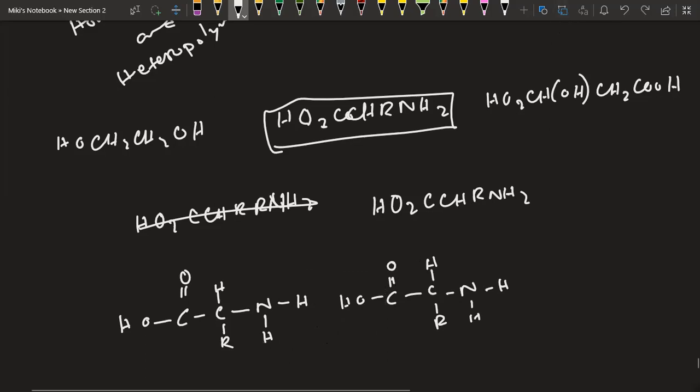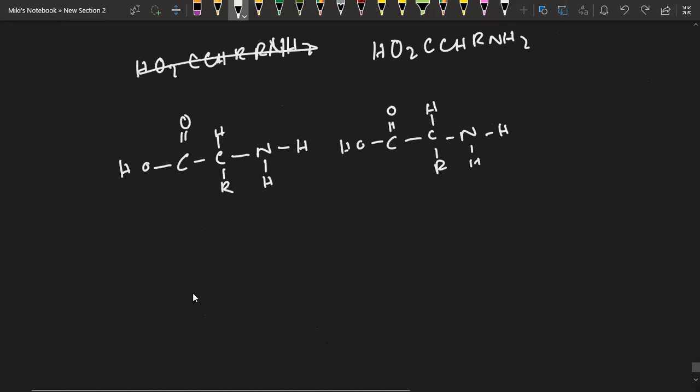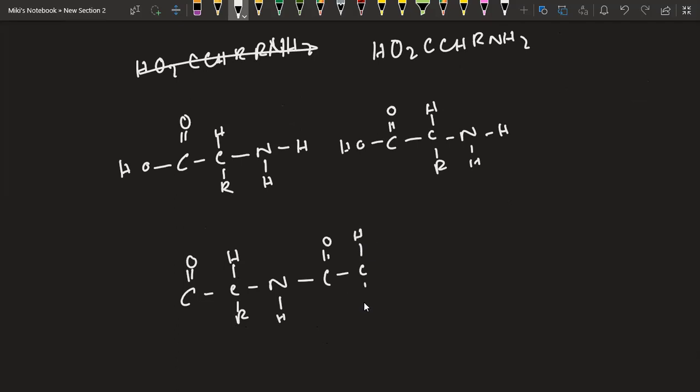They will react and form an amide linkage. The linkage should be something like this. And there it goes on. If we have another monomer here to the right, this is going to repeat itself again, isn't it?